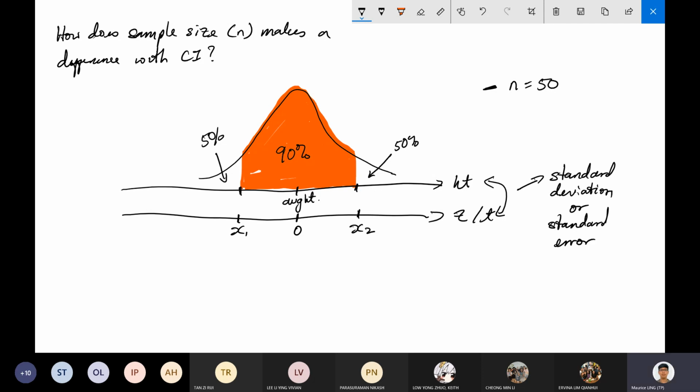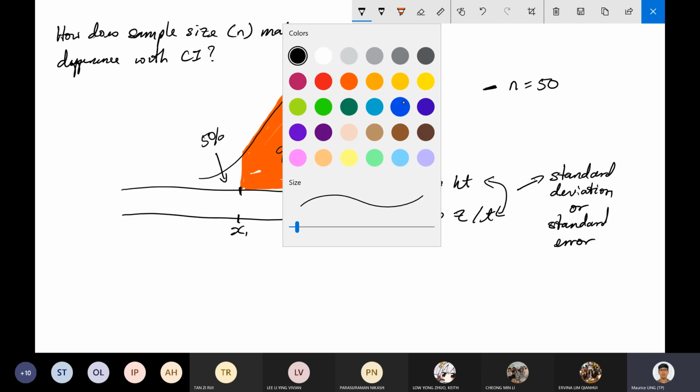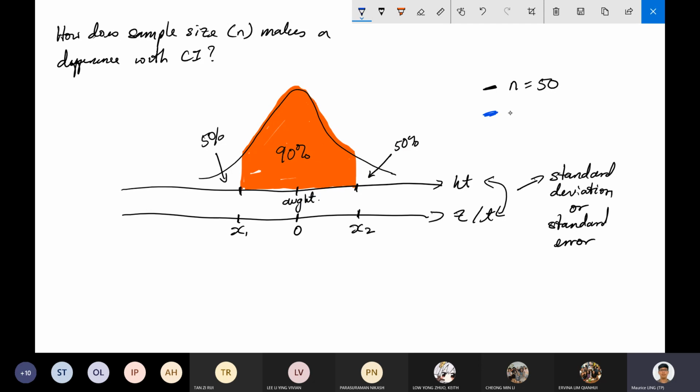Okay. So if the sample size is low, let's say we take another color, if the sample size is now n equals to 20, then the peak is also the same, but the graph is actually more stretched out. This horrible looking one.